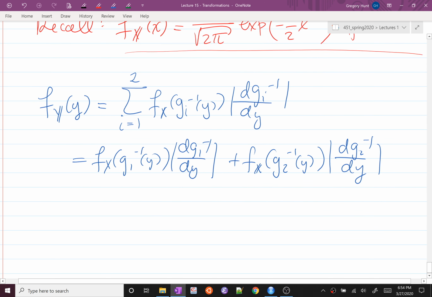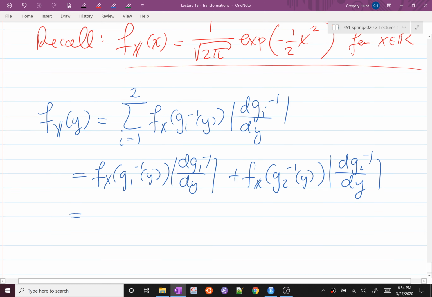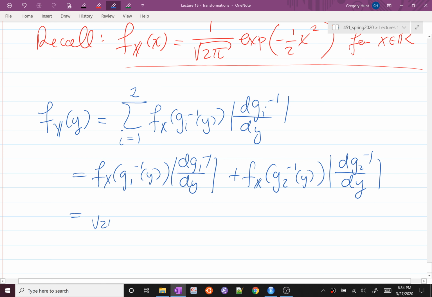We basically have all the parts now. So what's f of x? It's 1 over root 2 pi. G1 inverse is square root, so exp negative 1/2 square root y squared, and the derivative is 1 over 2 root y.